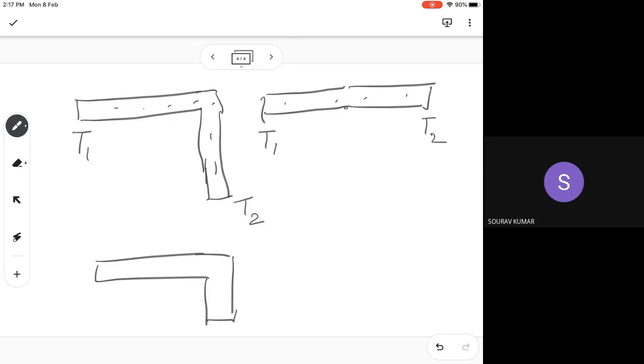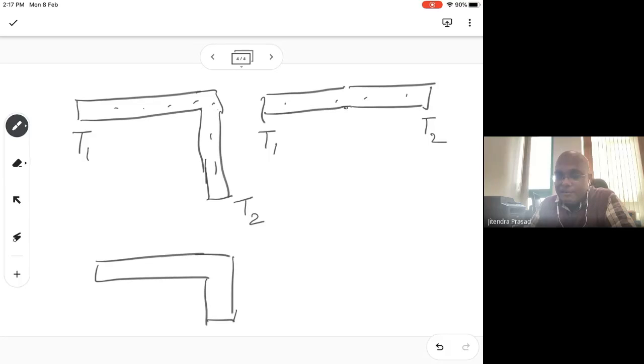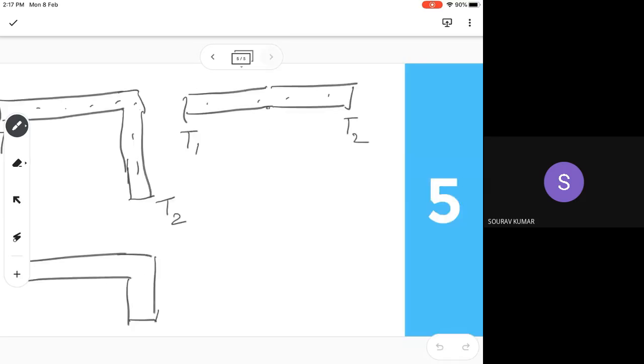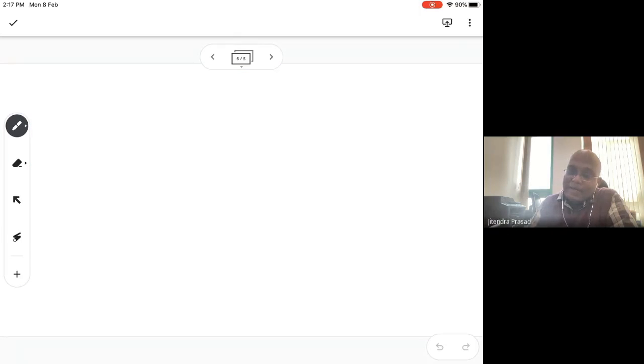Sir, suppose I have a question. Suppose we have a bar fixed at one end and free at the other end. Load is applied axially, but the bar is tapered. How can we solve that kind of problem? Okay. This kind of problem you will get later on. It starts in chapter 3. So you don't worry right now.